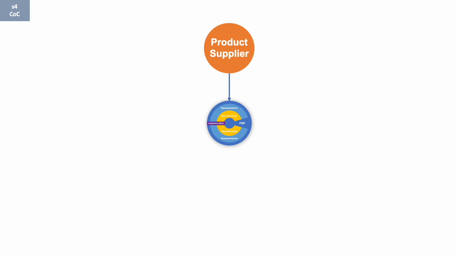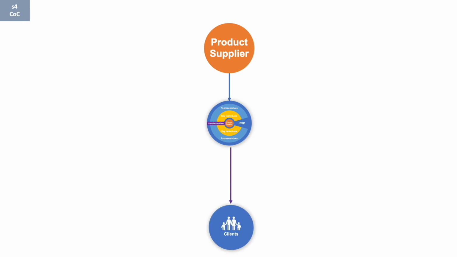The product supplier can be a third party as shown, but can also be the FSP itself. So in summary, an FSP could have an external product supplier or suppliers, as well as also being a product supplier to itself.